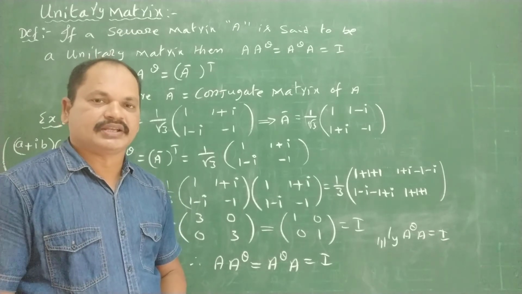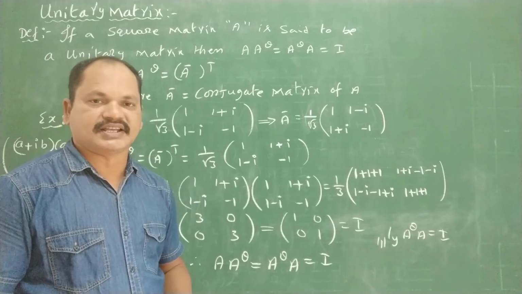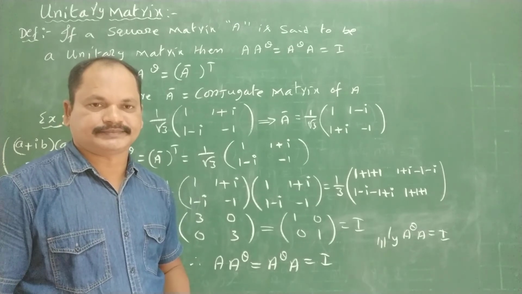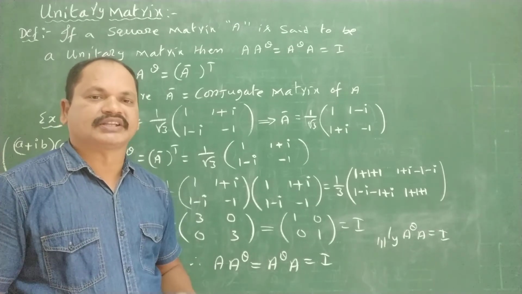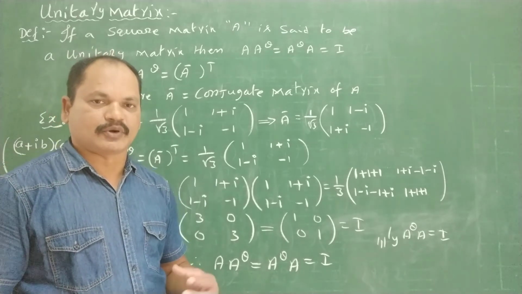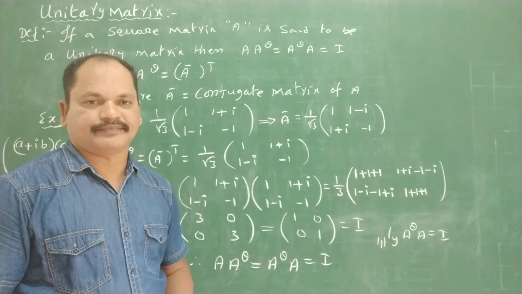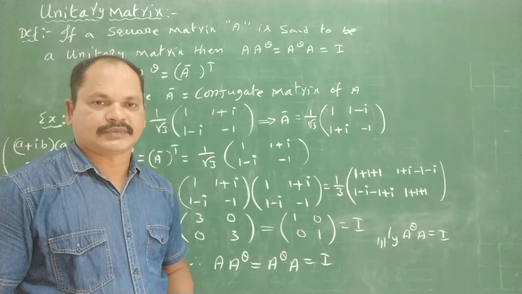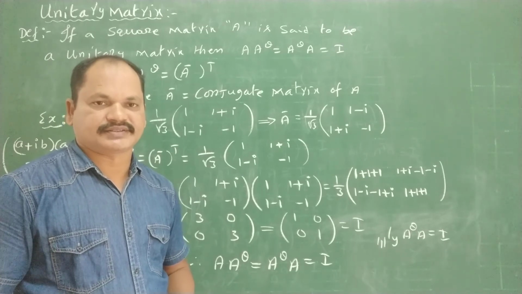What is that? If a square matrix capital A is said to be a unitary matrix, then A into A power theta is equal to A power theta into A is equal to I, where I is the identity matrix or unit matrix, which is always a square matrix.